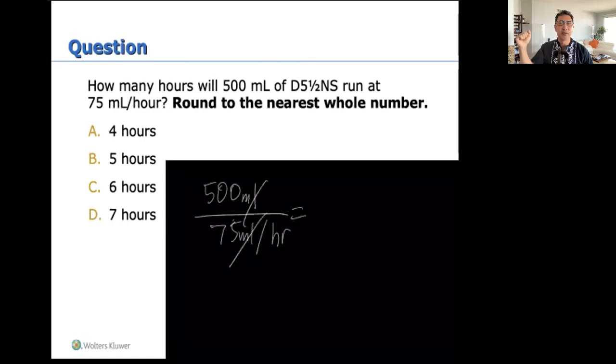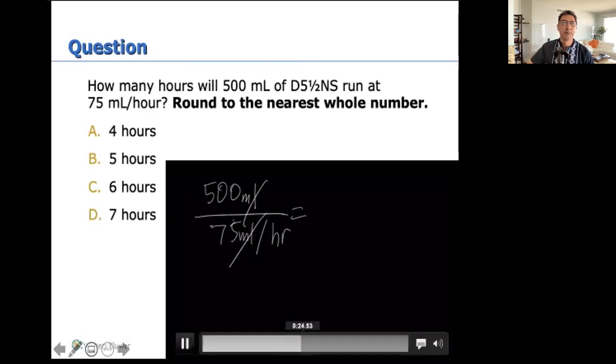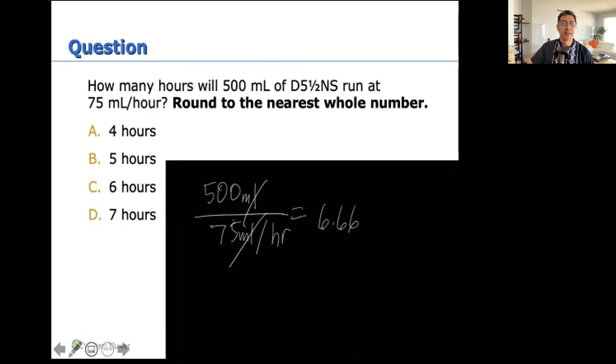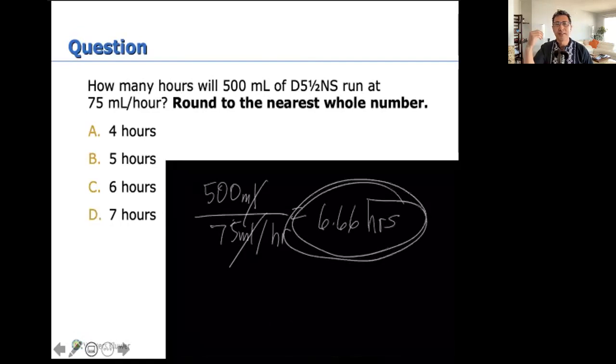Simple division, cross off my mLs, which gives me 6.66 hours. But that's not the final answer. If you look up top, round to the nearest whole number. You guys know the answer from here. It is 7. Just keep that in mind for testing purposes, the rounding.